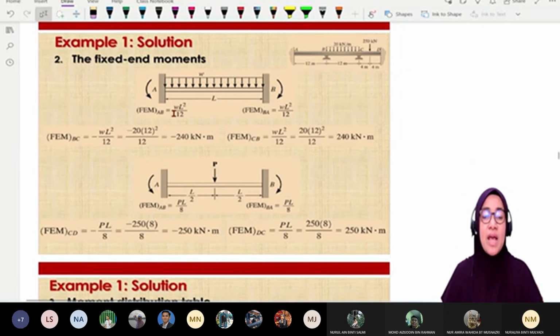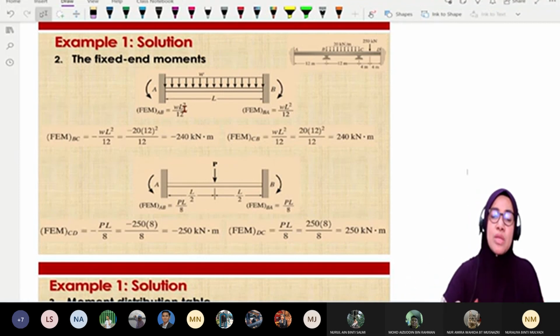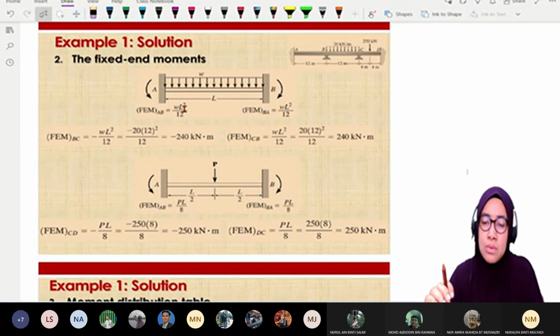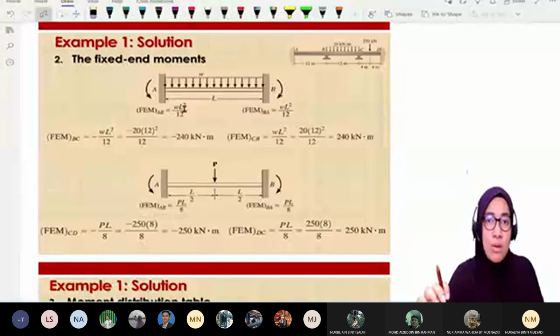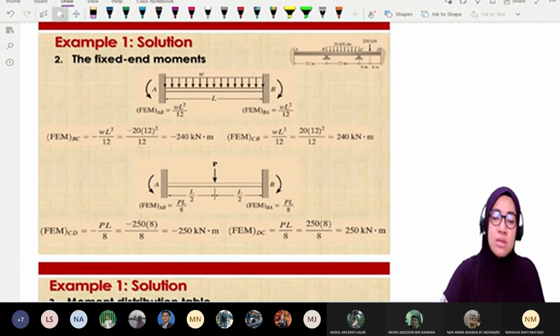Okay, fixed end moment. So we just need to refer to the formula. Formula for member BC, since it is subjected to UDL along the member, we use WL squared over 12. One negative, one positive because of the behavior. This is counterclockwise, this is clockwise.